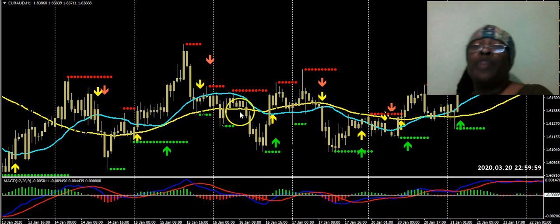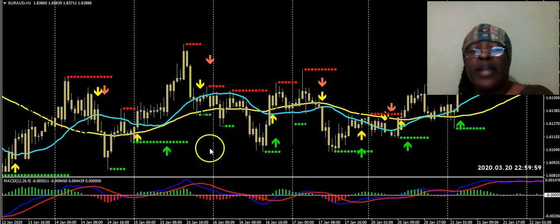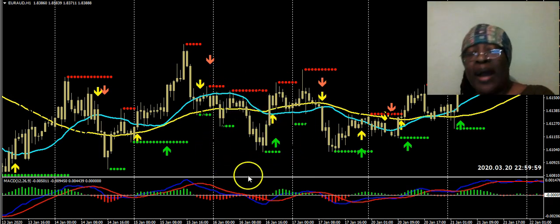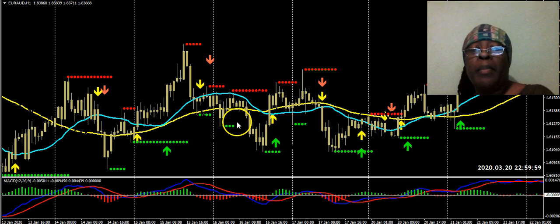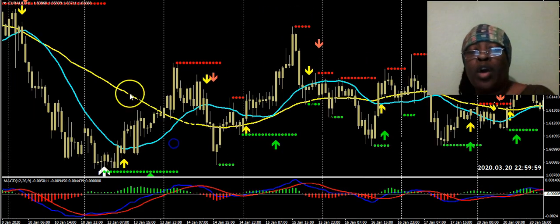Back test this, review this video over and over again. Write the confirmations down. Have it with you when you're trading until you can do this mechanically. Okay? So make sure we don't trade in between the moving averages. We only trade with the trend according to the triple arrow. If the triple arrow is bullish, we're only looking for buys.